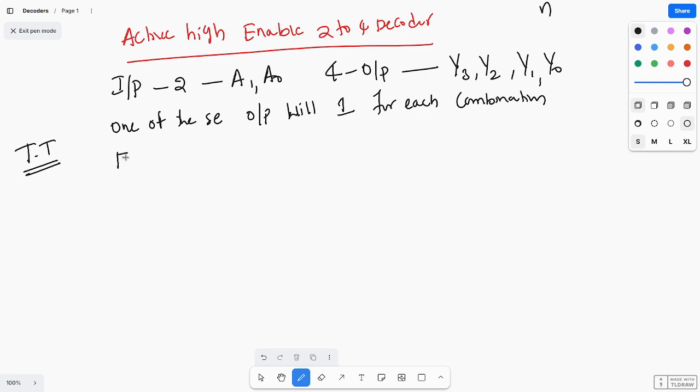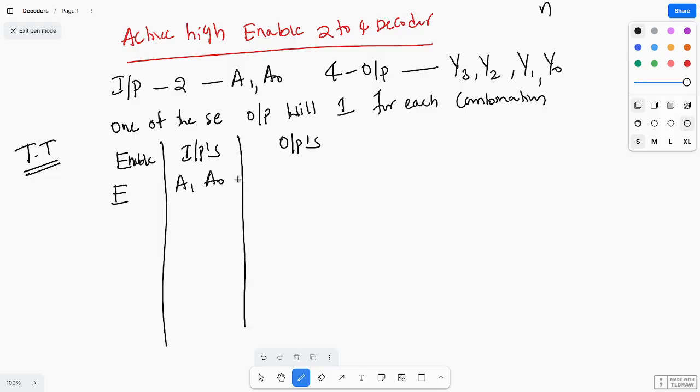So we have the enable pin, let us take E, then the inputs A1, A0, and the outputs Y3, Y2, Y1, and Y0.